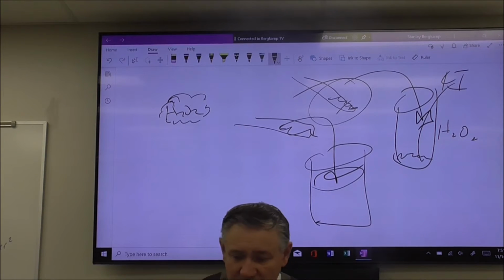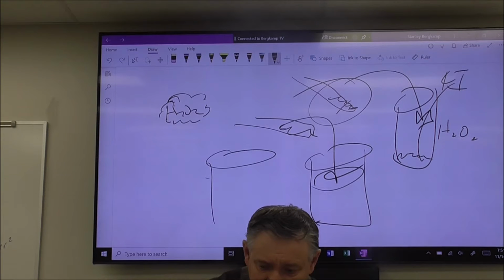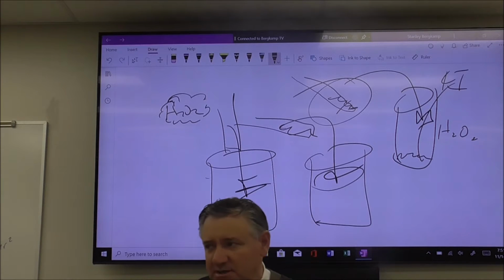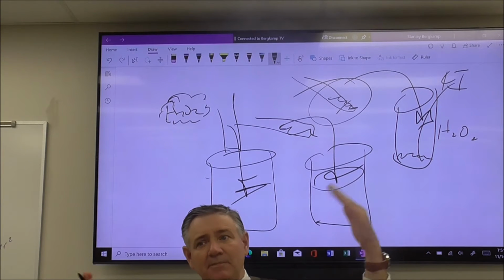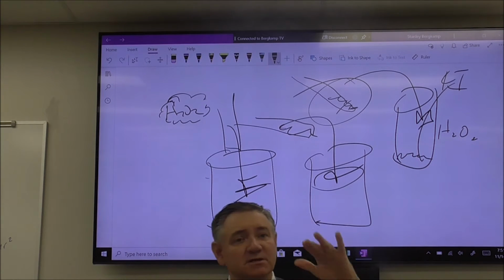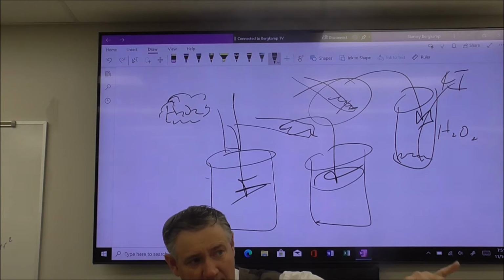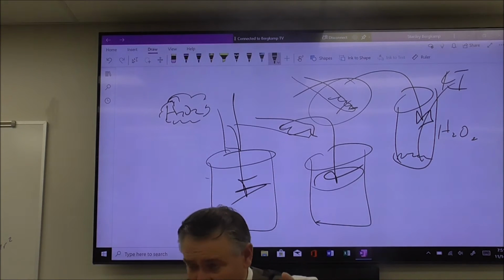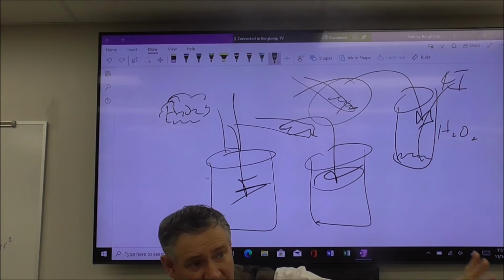The third one you can do is the test for carbon dioxide. Carbon dioxide is the opposite. With carbon dioxide, you take a burning wood splint and put it into the test tube. Carbon dioxide puts the flame out. So hydrogen makes the test tube pop. Oxygen makes the flame reignite. Carbon dioxide makes the flame go out.